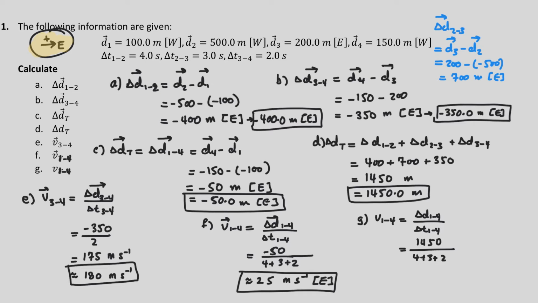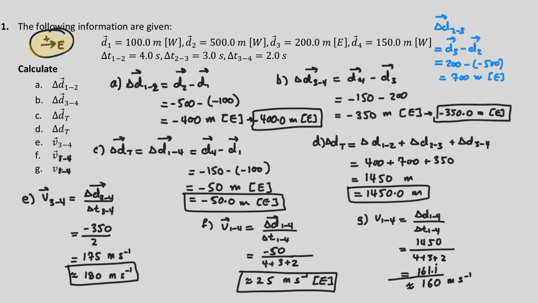My final answer is 9.0 there, and that would mean that my final answer, because of the limitation of the significant figures in the denominator, should also have two significant figures. So when I divide, I am going to get 161.1 repeated, and I have to change that to two significant figures, and that's going to be 160 meters per second.